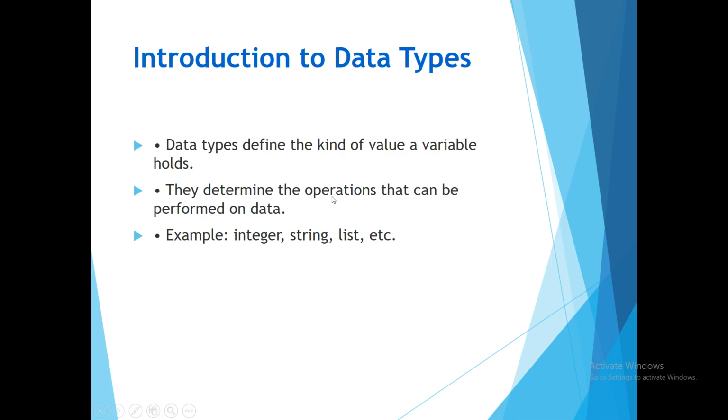They determine the operations that can be performed on data. For example, integers means a number. String, where you can define the name. In a list, we can define a list of names and integers, etc.